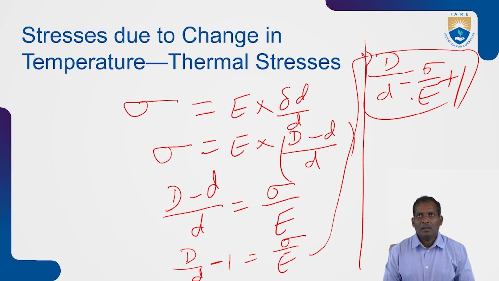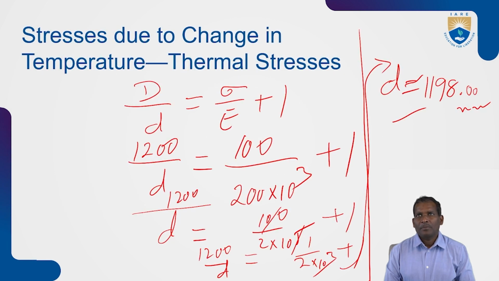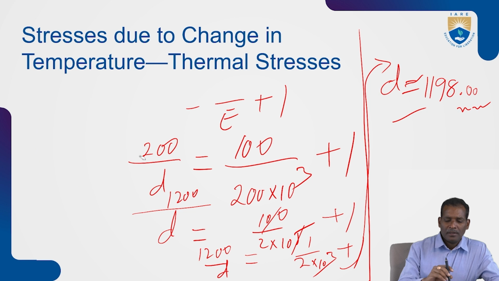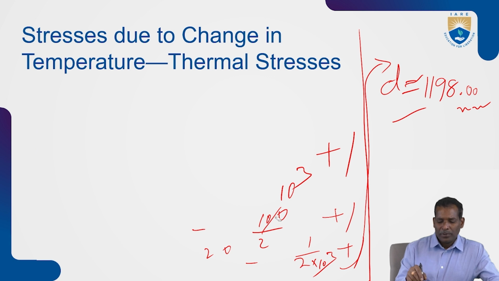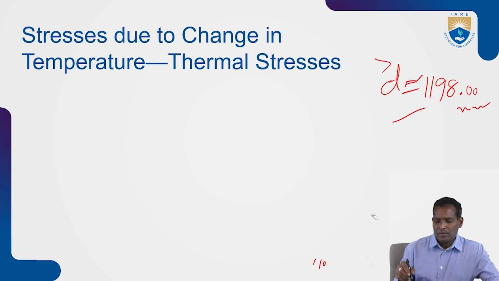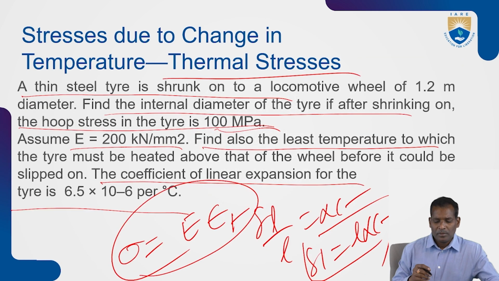So next, calculate the temperature. In the first step, we have calculated the internal diameter, and then also the least temperature to which the tire must be heated above that of the wheel before it could be slipped on.